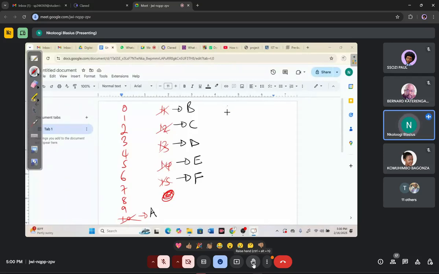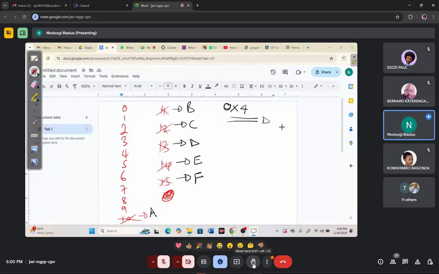Before I go that side, I again want to tell you one other thing. If I'm writing a hexadecimal number, I add this prefix 0x and then the number.